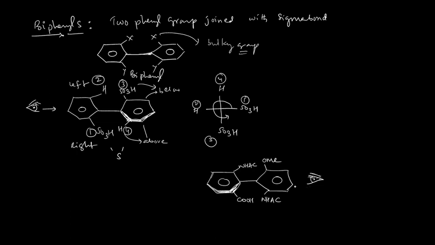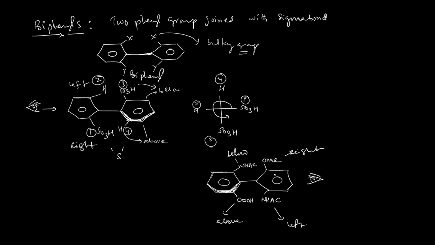Near groups these two, far groups these two. It is above the plane. It is below the plane. Now to the observer it is right hand side. It is left hand side. First give priority. Near groups get first priority. These two are near groups.